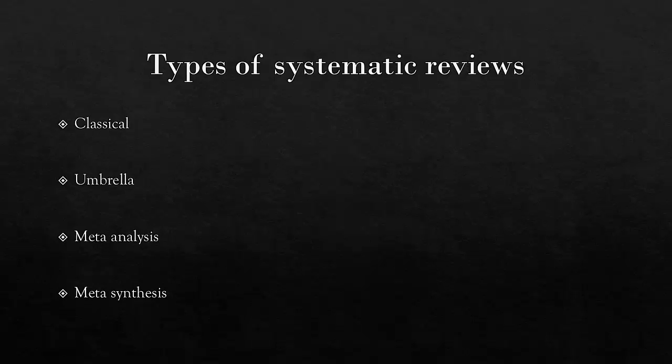It might be less accurate, but sometimes you just have to deal with that. We also have a meta-synthesis, which is a rather new version of a systematic review, and it is a systematic review of qualitative research articles. The analysis on them is also done in a qualitative way, whereas with the meta-analysis it's quantitative with the numbers, the meta-synthesis is qualitative.